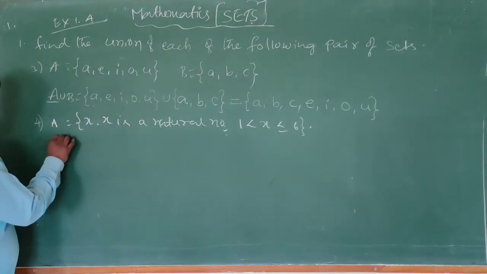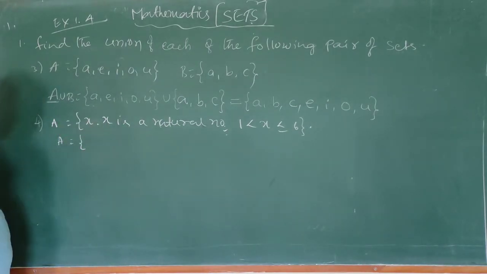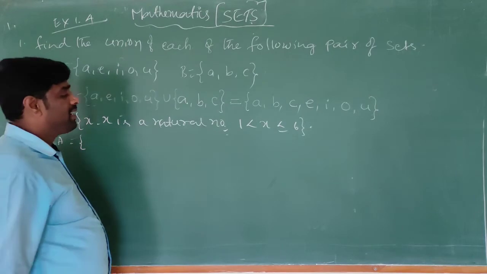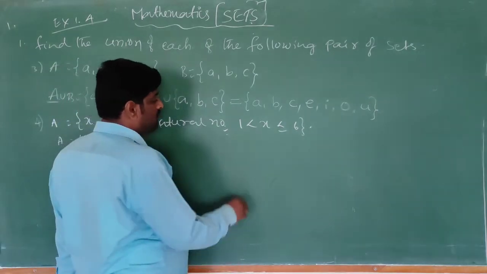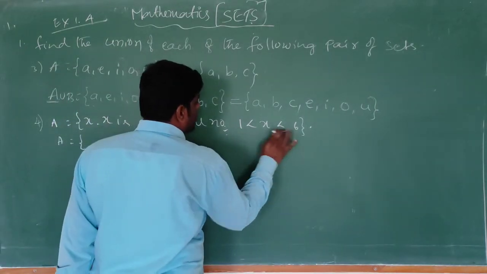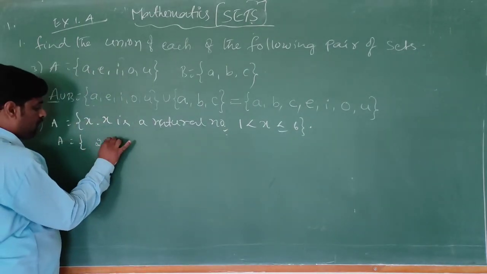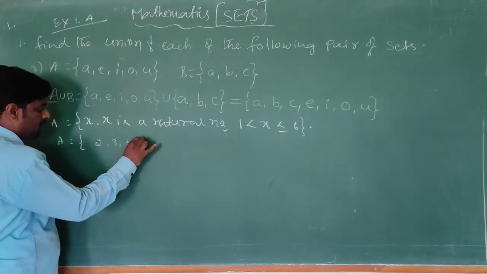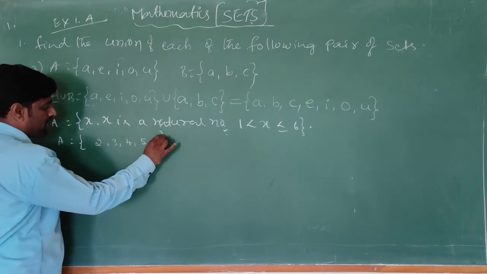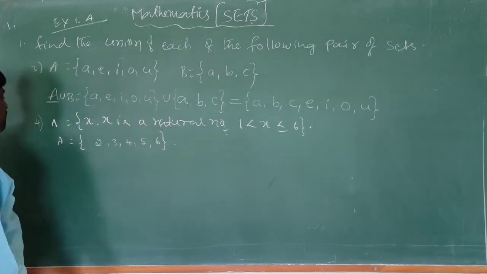The given question is in interval form. Here 1 is open, 6 is closed. So I should write here 2, 3, 4, 5, 6.